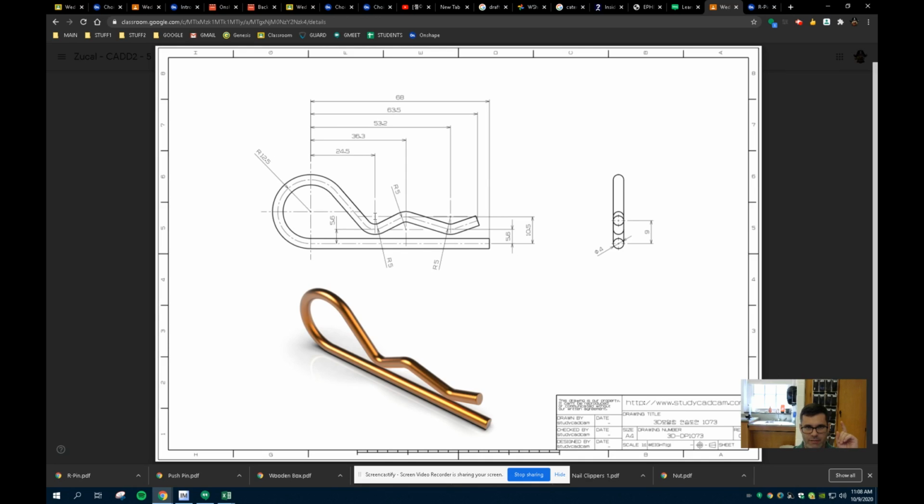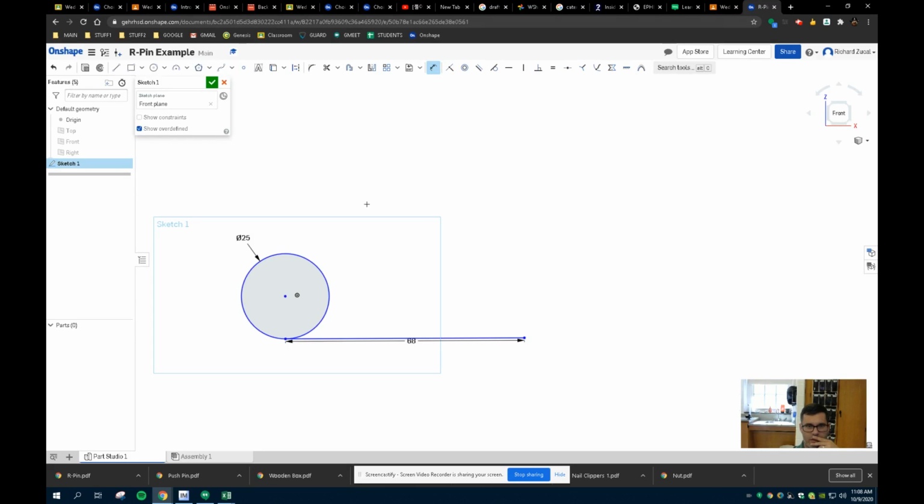And the location of that circle is 24.5 from the center of that circle. So we'll make a construction line. And I think there's a better way to do that. I remember in Inventor, 24.5.